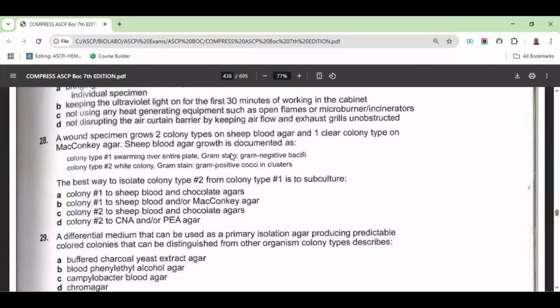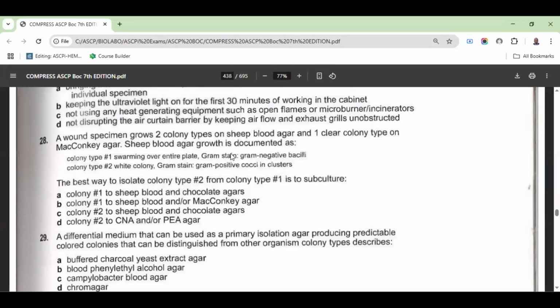Let's read this question carefully because it's a bit confusing. We have a wound specimen which grows two colonies on sheep blood agar, so it means the colonies are different. When we grow it on MacConkey agar, it will grow only one clear colony. So now we are going to report only the colonies seen on sheep blood agar.